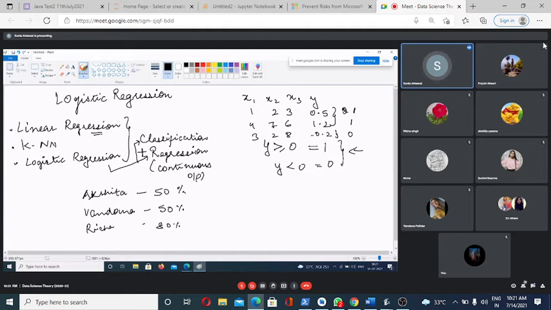That means whatever data set I have, the numerical data first of all, because regression problem works only on the numerical data. That means I have certain features. So Akshita, Vandana, Richa are basically the features. I asked them certain questions, and I got an answer in terms of the probability.